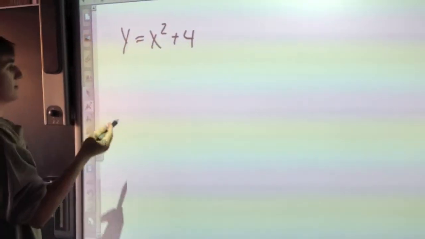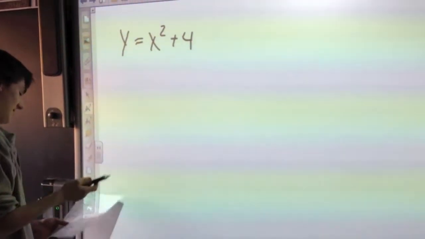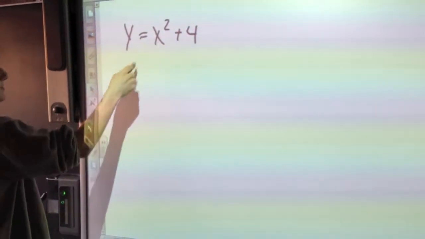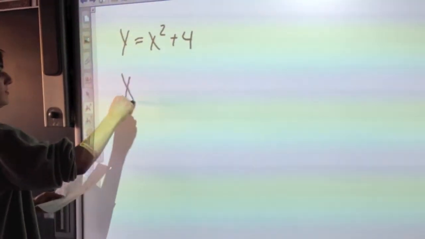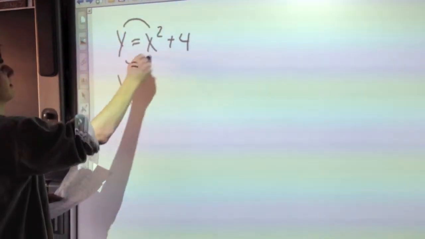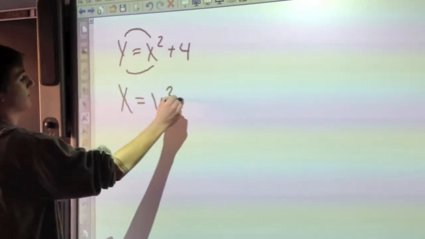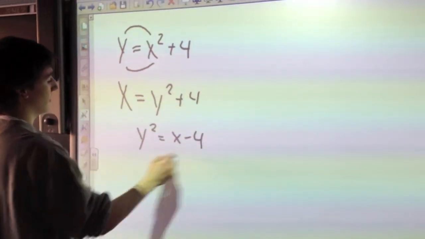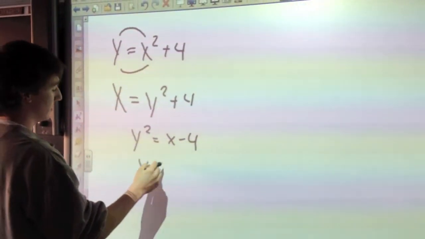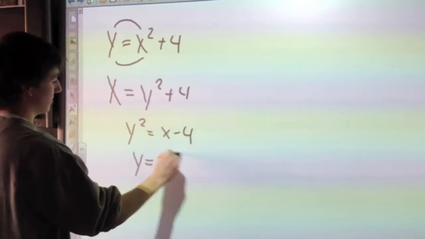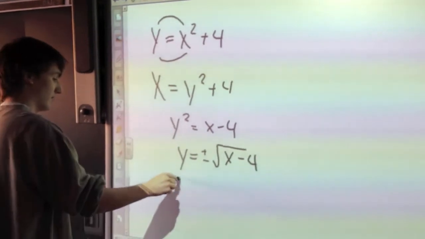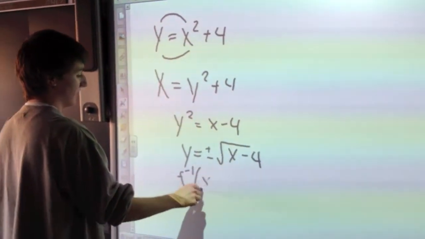So you know that the inverse is not a function, because first of all it didn't pass it, and then when you switch to x, y squared plus 4, and y squared equals x minus 4, and then y equals plus or minus the square root of x minus 4. This is your inverse function.